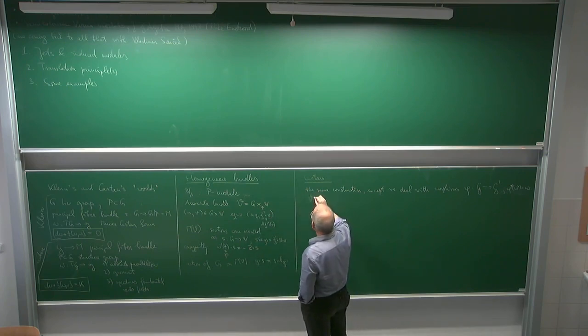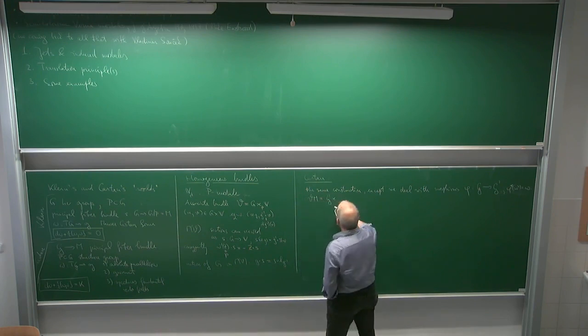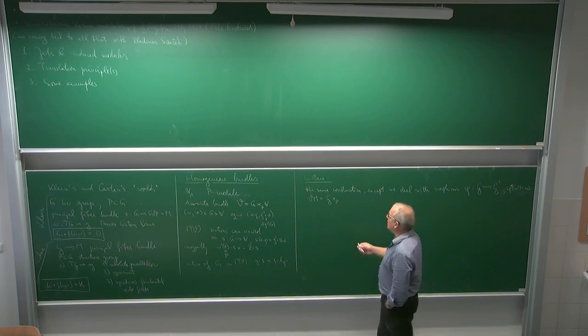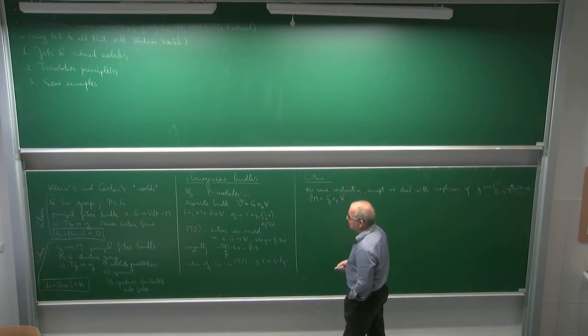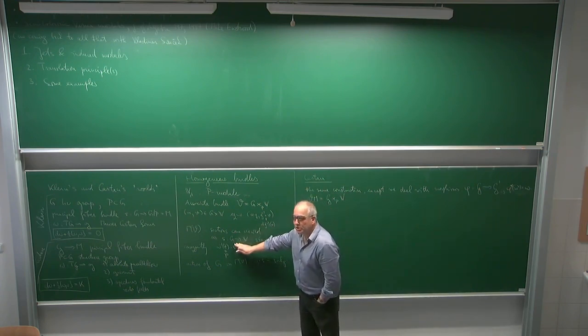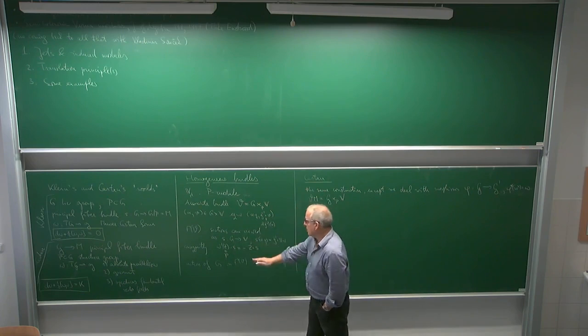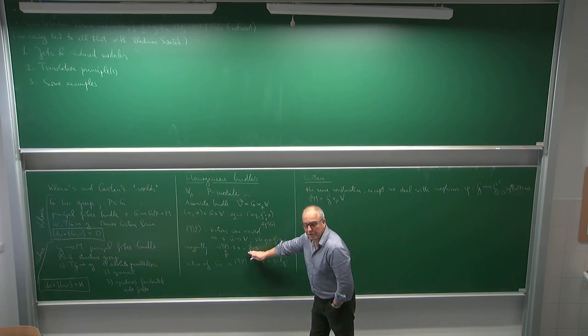V at M would be the fiber bundle, the principal fiber bundle G, again the product over P times V. The sections are again viewed the same way, and consequently again this will hold true.